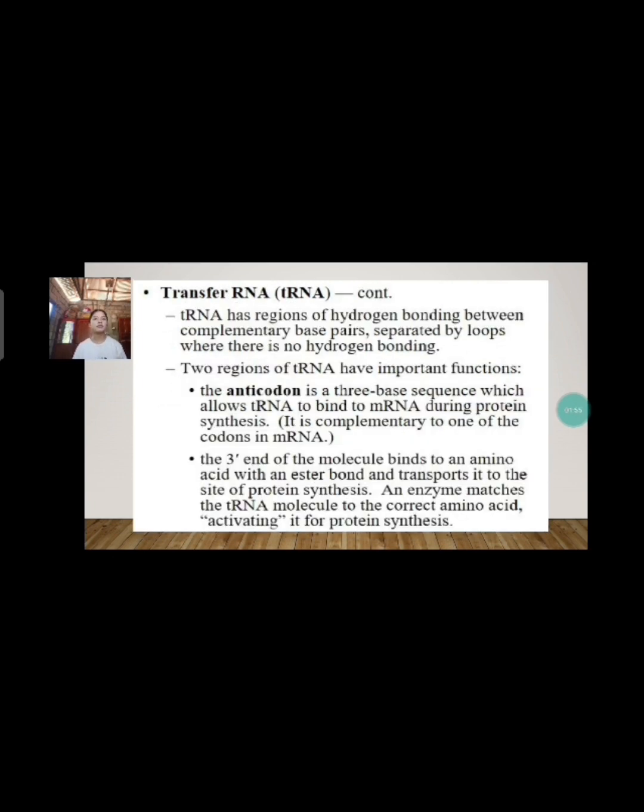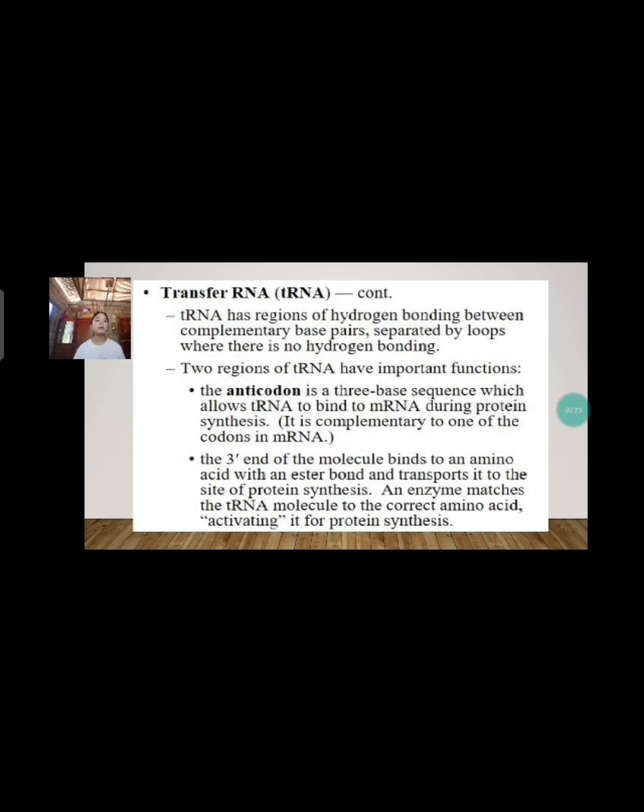So next, we have the transfer RNA. tRNA has regions of hydrogen bonding between complementary base pairs separated by loops where there is no hydrogen bonding. Two regions of tRNA have important functions. The anticodon is a 3-base sequence which allows tRNA to bind to mRNA during protein synthesis.